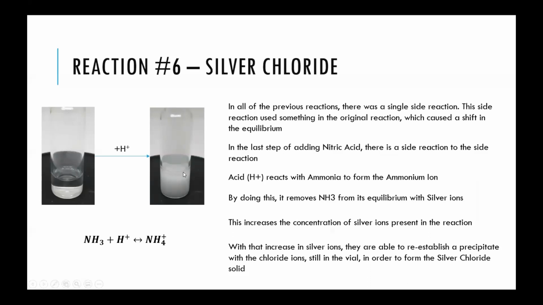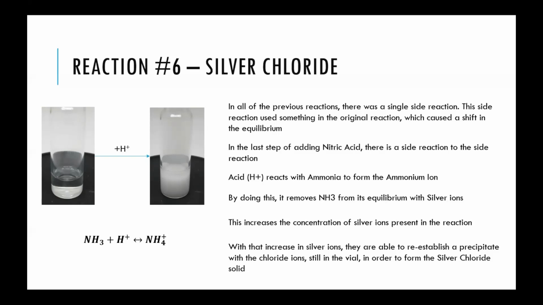In a number of these other reactions, you were looking at how a reaction that's once removed from the initial reaction affects it. This last step is looking at how a reaction that's twice removed can affect the reaction.